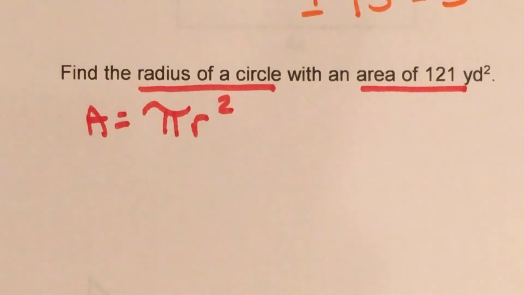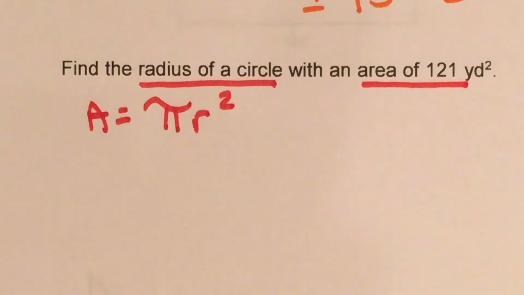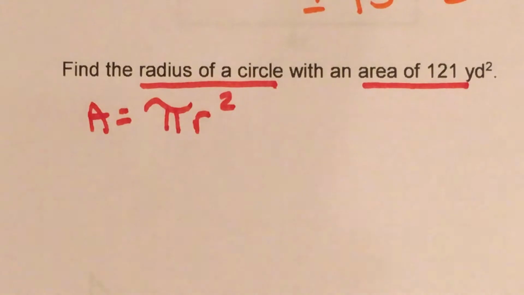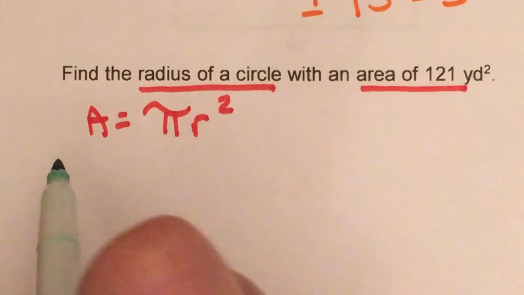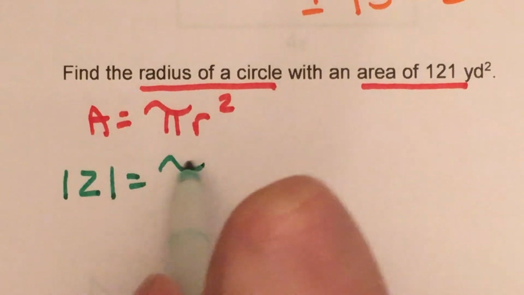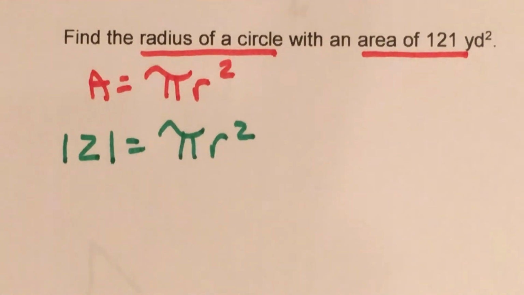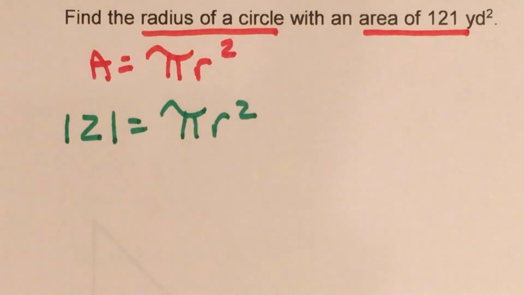It's been a minute, hasn't it? So this 121 is the area, so it's going to come in right here. So let's go solve for the radius. Let's draw the river.